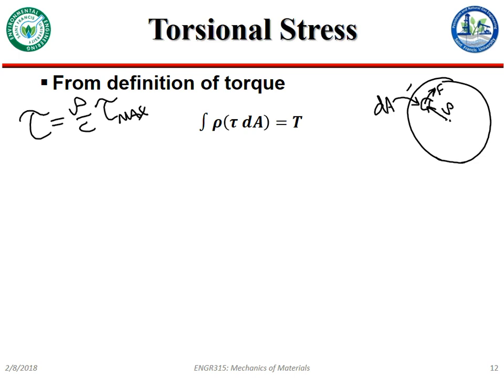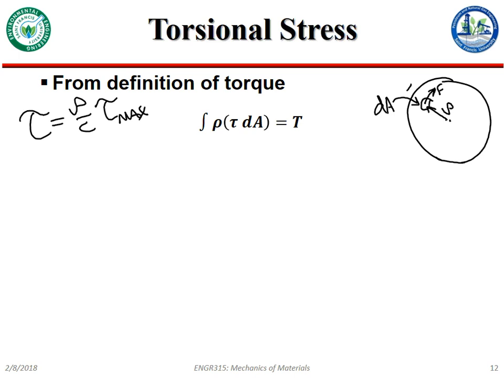If I wanted to make a shaft for some mechanism, be it drawing water up from a well or a drive shaft for a vehicle, and I know what torque I'm going to have to apply to the shaft, it'd be awfully nice if I could figure out what the anticipated shear stress would be based on that torque. So if we could find some relationship here, that'd be awesome.